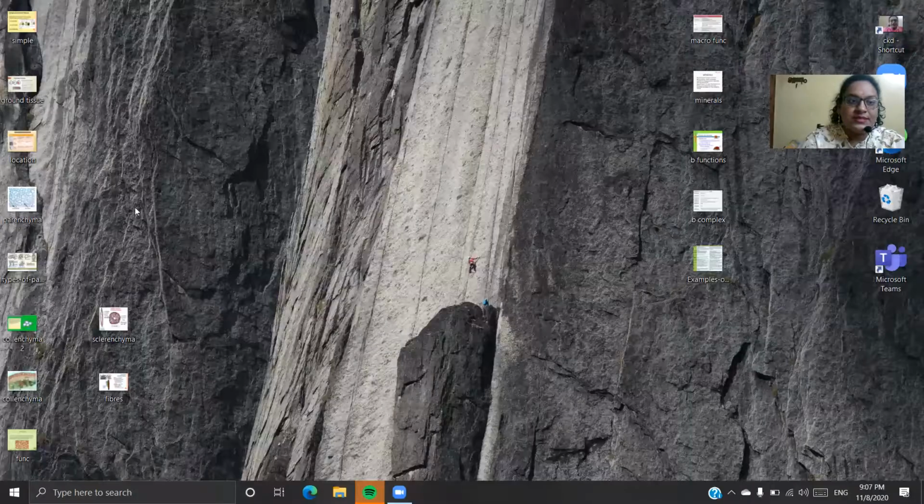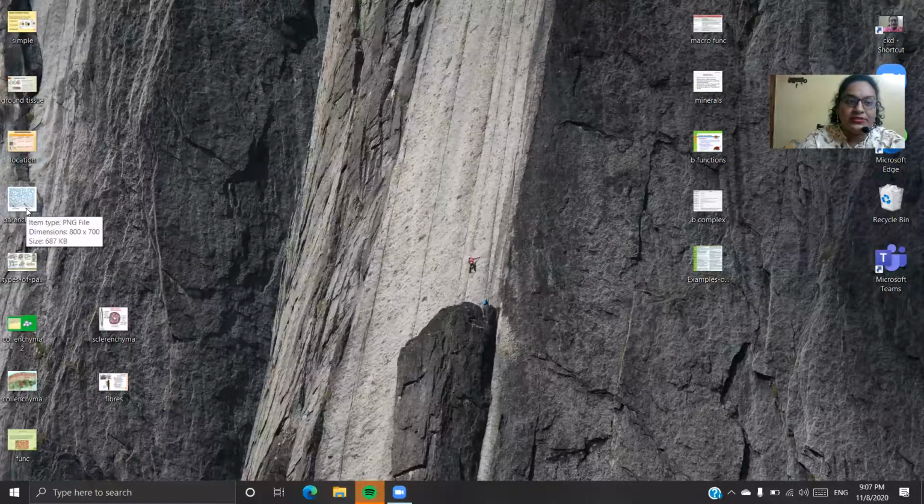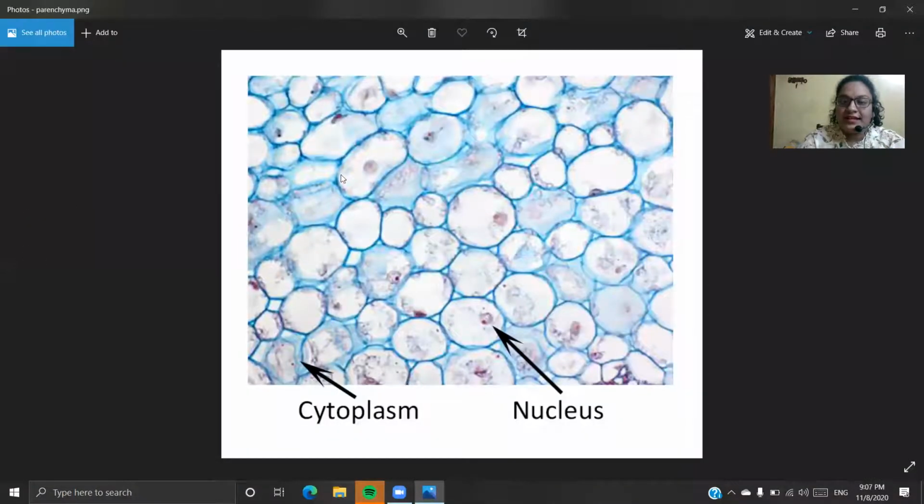Okay, so the first thing that I'm going to introduce is the parenchyma, the first simple permanent tissue. So this is an actual view of the parenchyma under the microscope, children. You can see that the cells are isodiametric, and they are regular in shape. Sometimes they are spherical, polygonal, oval in shape, and they have a very thin cell wall made of cellulose. They have a denser cytoplasm, and they have nuclei, which gives an indication that these cells are actually living cells.